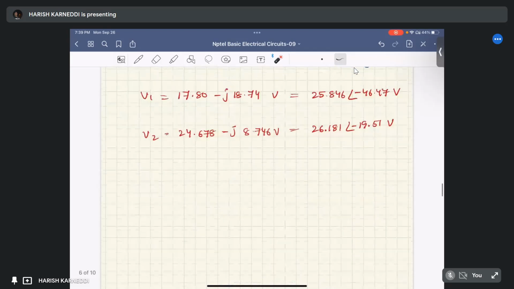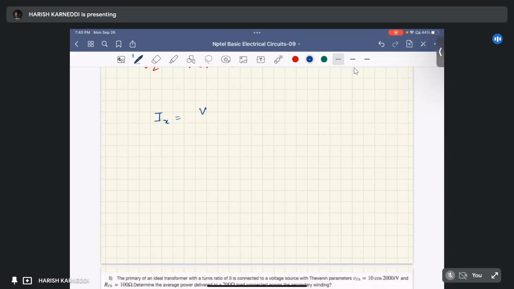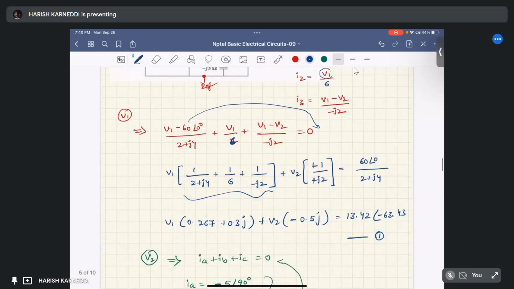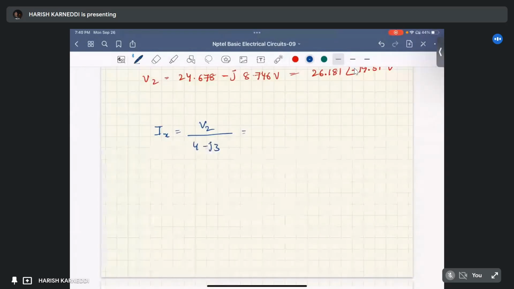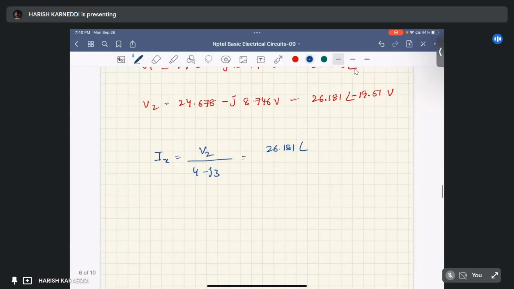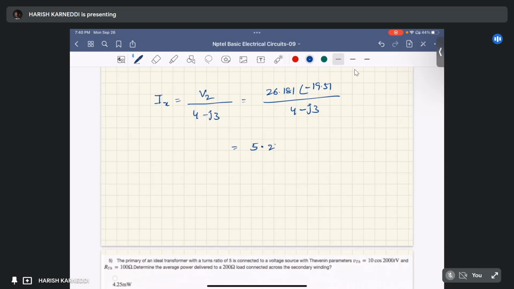So Ix equals V2 by 4 minus j3, which is equal to 26.181 at an angle of minus 19.51 divided by 4 minus j3 in polar form, which is equal to 5.236 at an angle of 17.359.